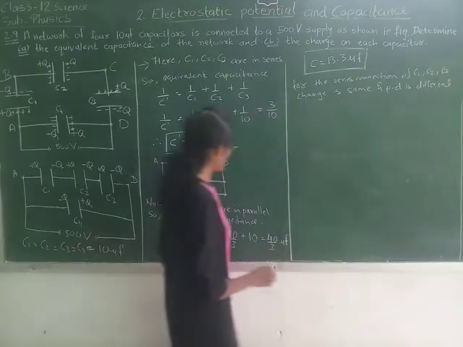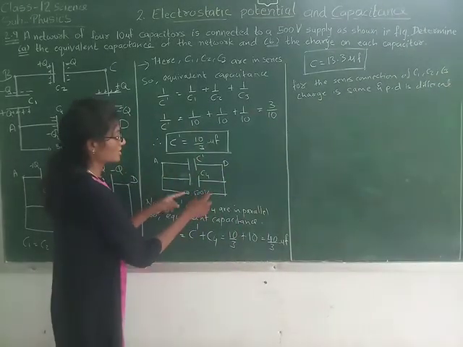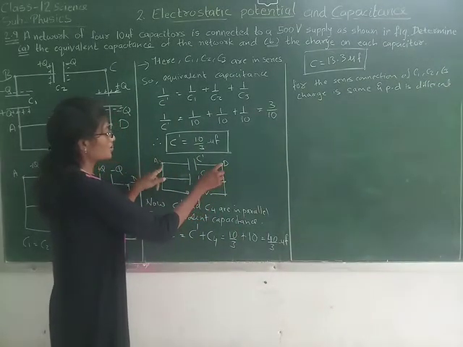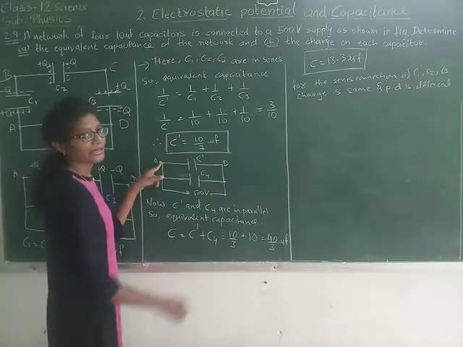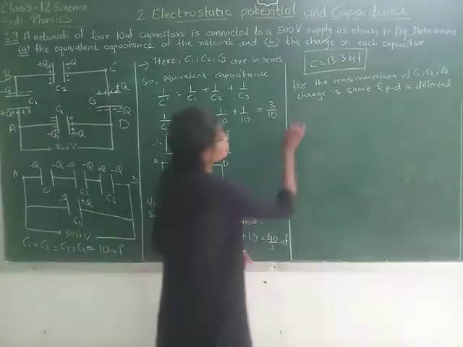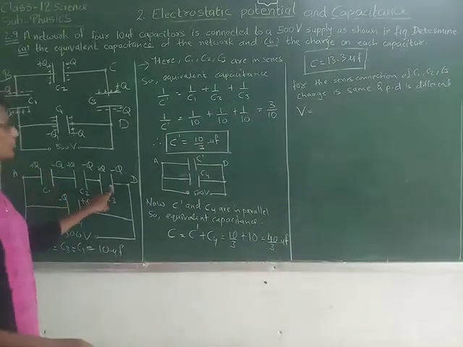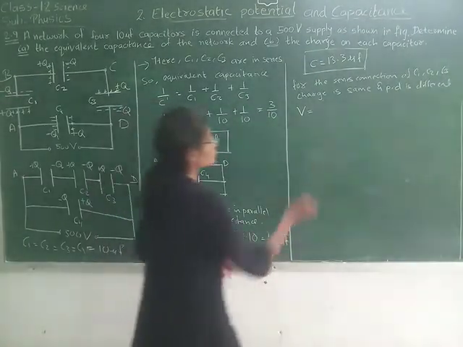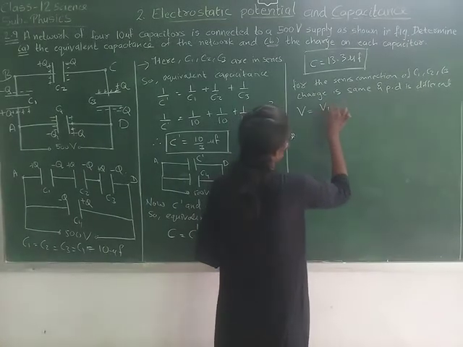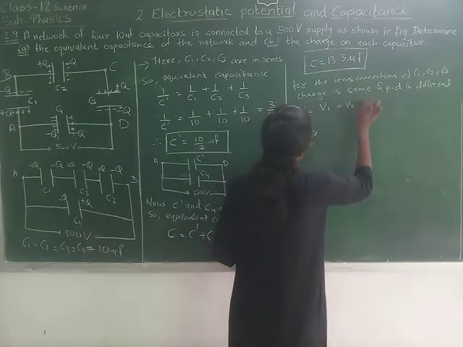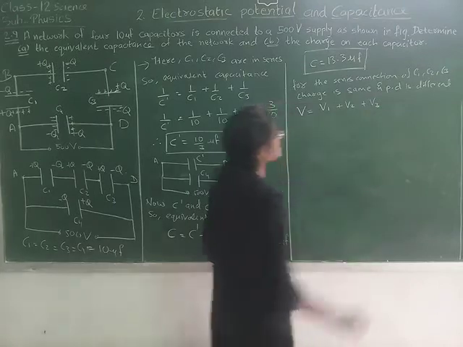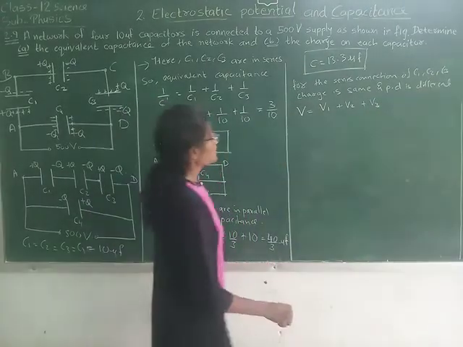Now see, these 500 volt, this potential difference is given between A and D, right? So when I write V equals to, here the potential difference at each component will be different. So the total V is equal to V1 plus V2 plus V3, right?